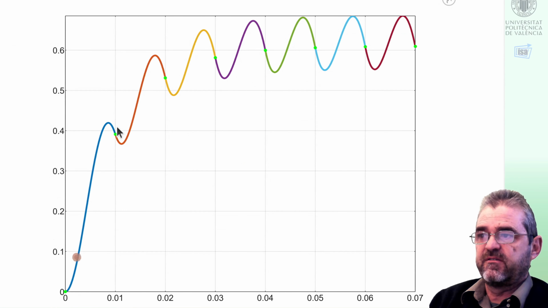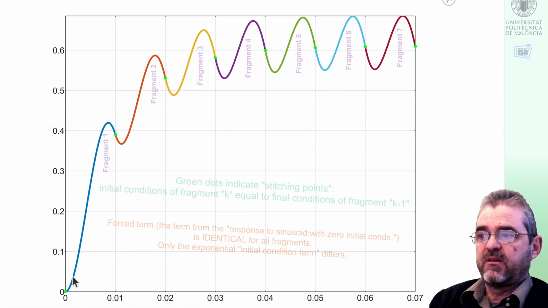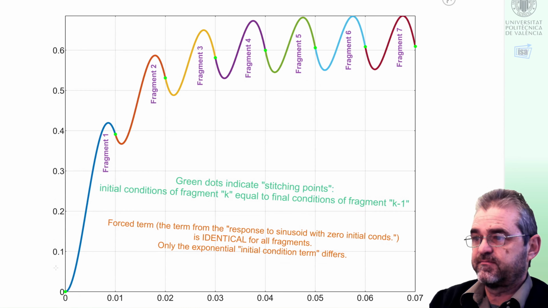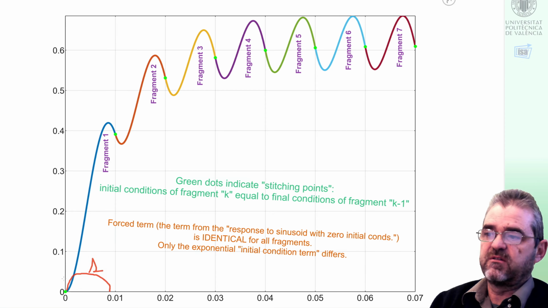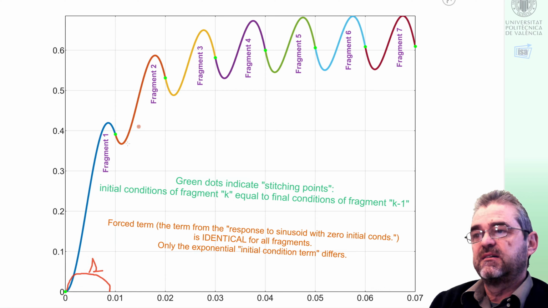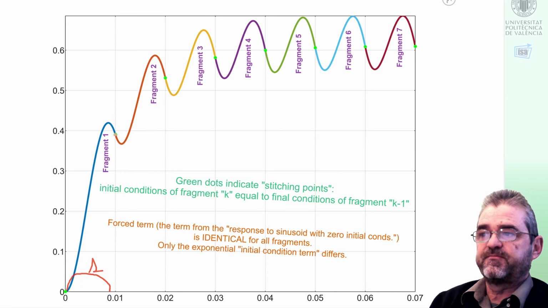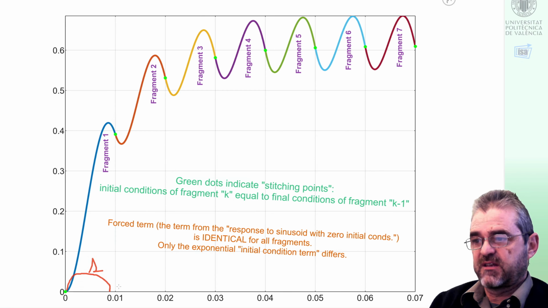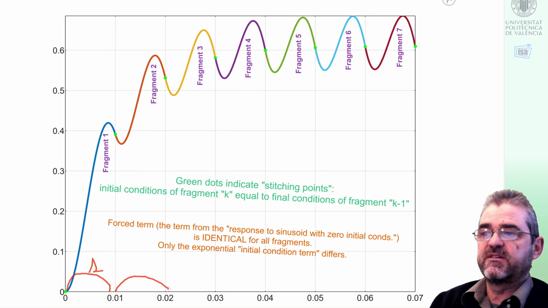We have the first fragment, in which the first pulse, sinusoidal stuff over there, up to 1 volt, not to scale, will charge the capacitor up to this. Then the second pulse will have a forced term, which is identical to the first one, but a different initial condition.